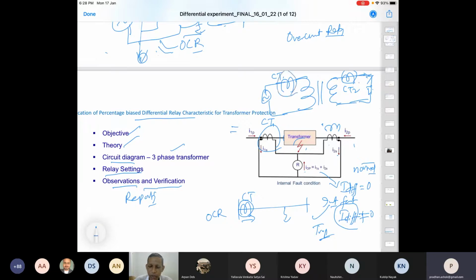So I don't trust the CT; I interchange the two terminals of the CT. Current in the primary of the CT will flow as usual, and in the secondary it will now be reversed. That is the polarity we talk about, the dot convention. So it is called CT polarity. Once you check that the differential current at normal time is zero, then your connection is okay. That is the first check we do.